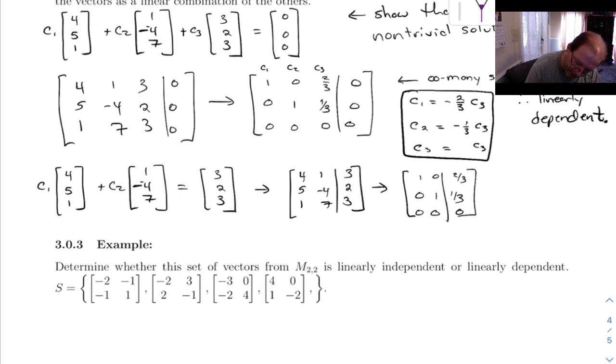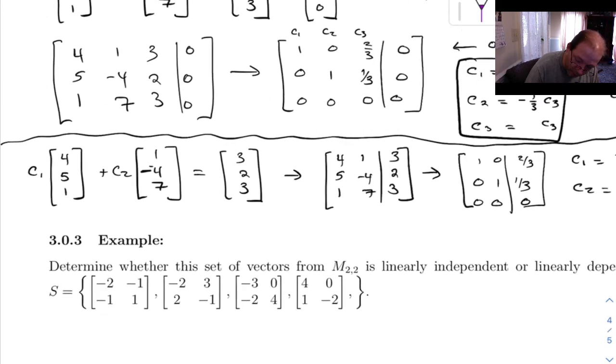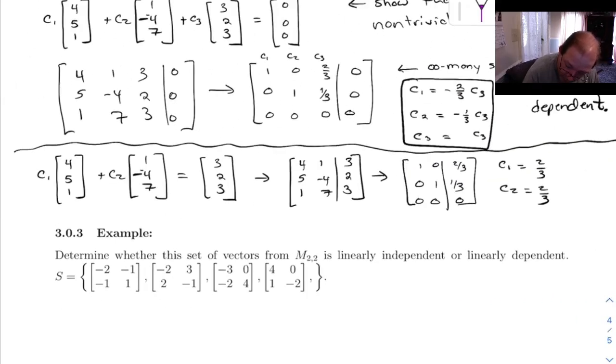And what that tells me is C1 is 2/3, C2 is 1/3. I miscopied that.